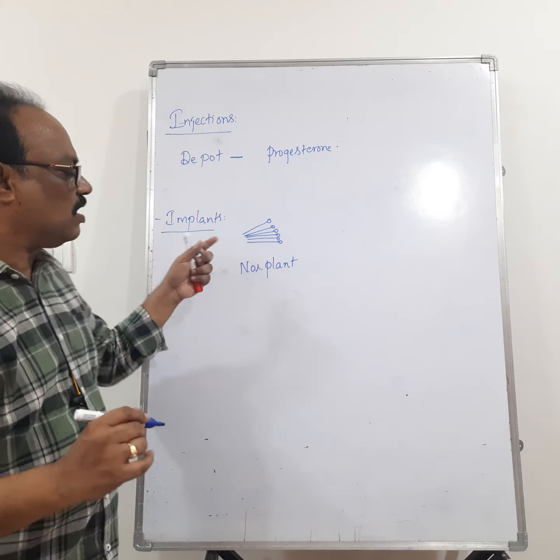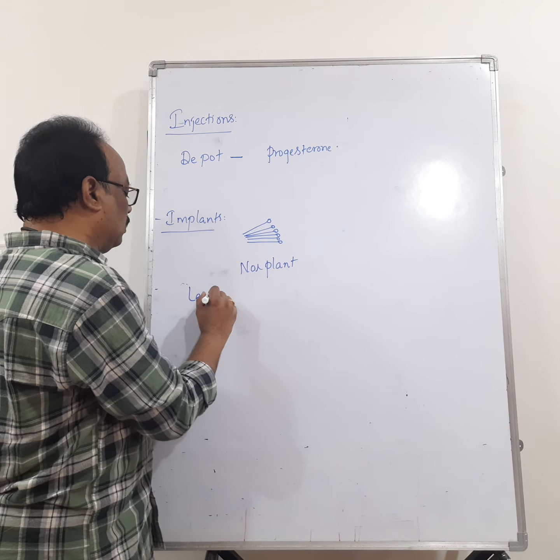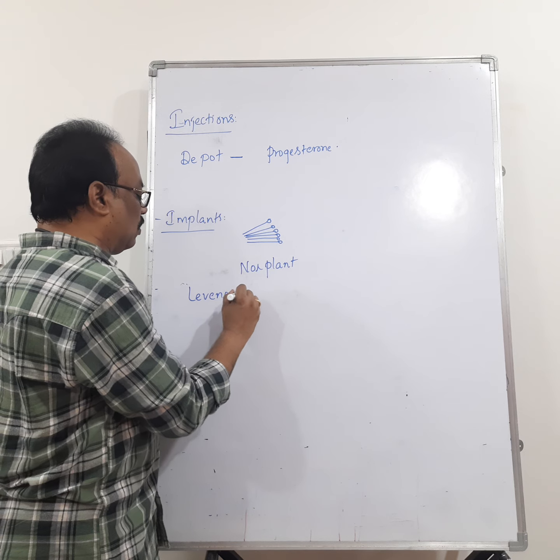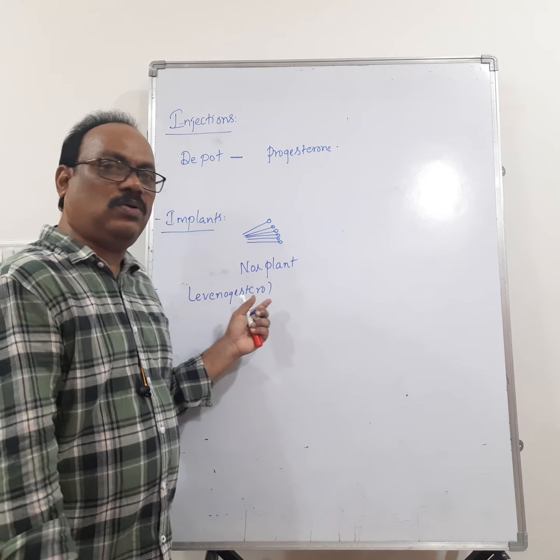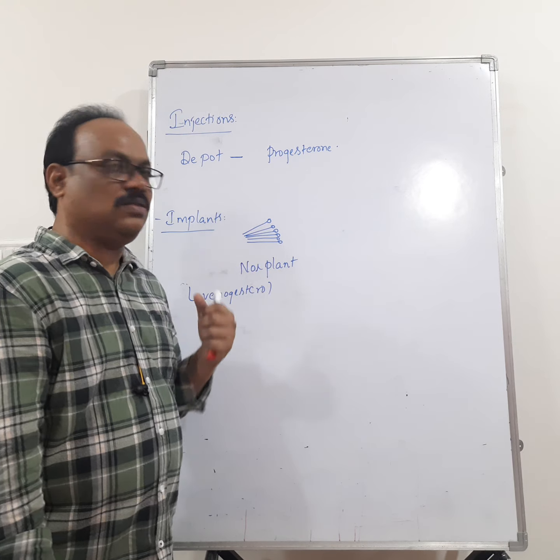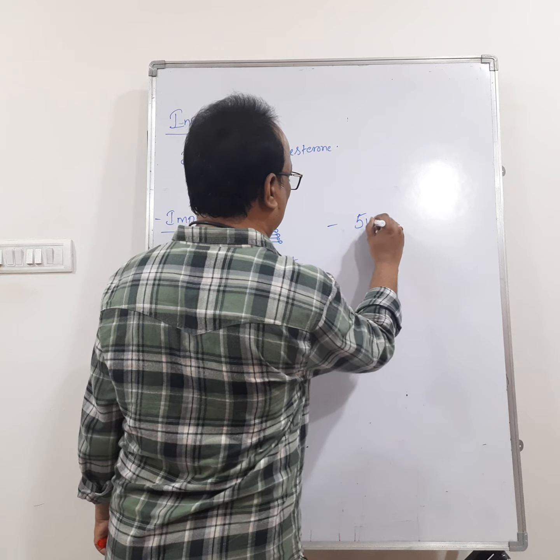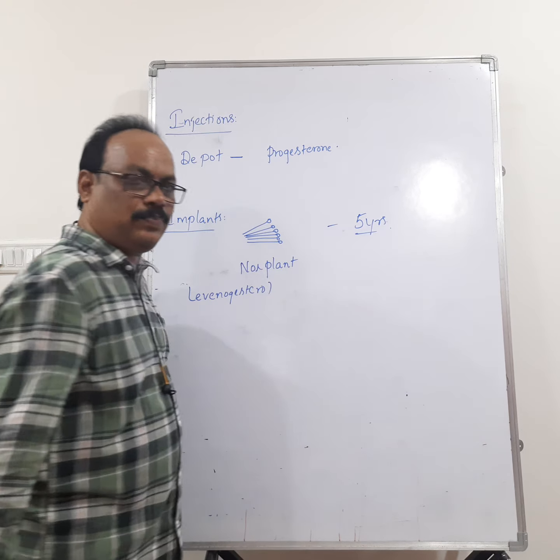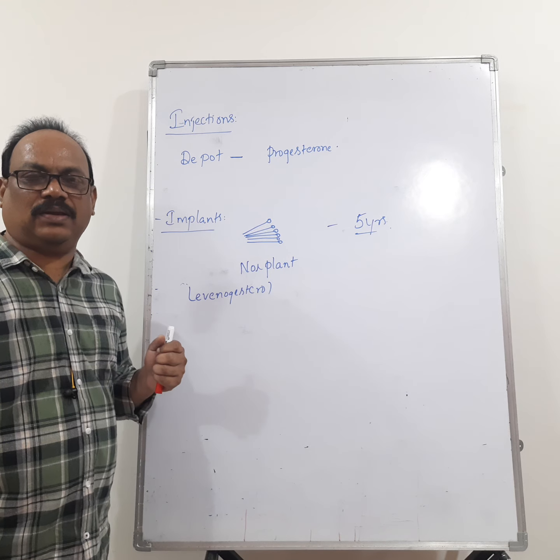Then what do the implants consist of? Implants consist of a chemical called levonorgestrel. Levonorgestrel is a hormone which prevents pregnancies. So these implants can prevent pregnancies for 5 years.